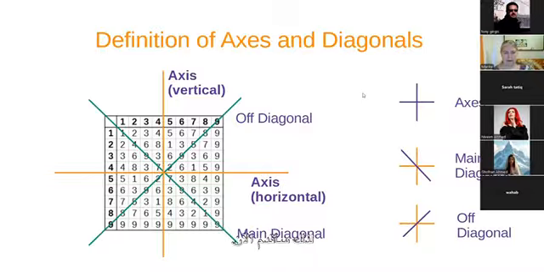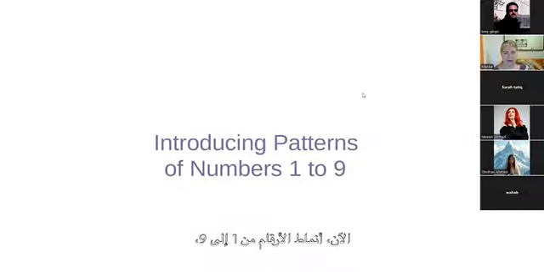So I'm going to introduce now the patterns of numbers 1 to 9. Pattern of number 1. Let's look at the number of data points. We can count them. It's easy. It's 1.